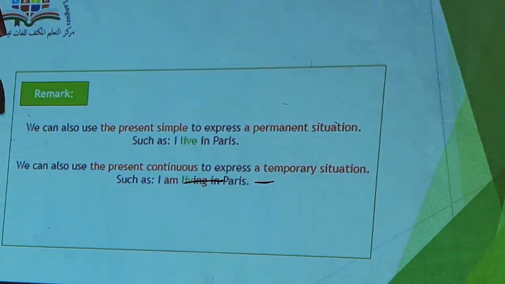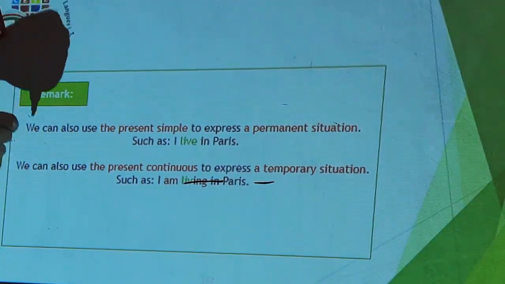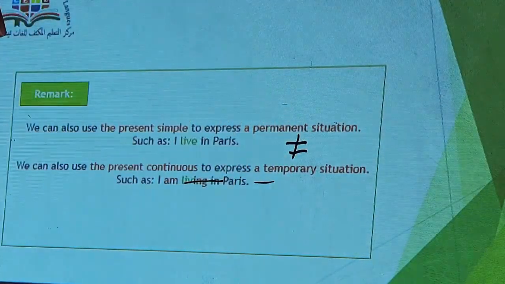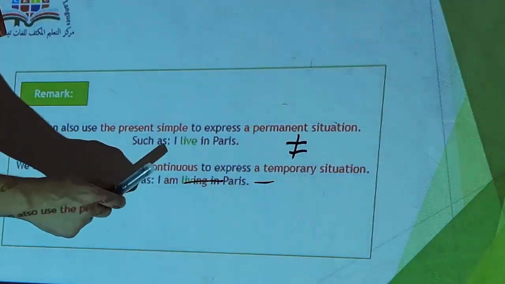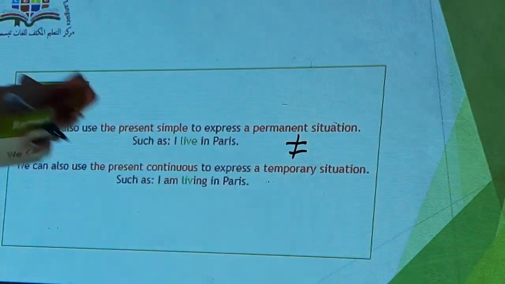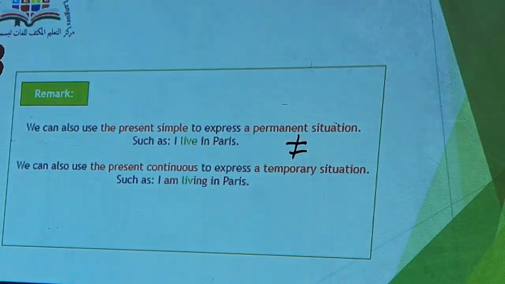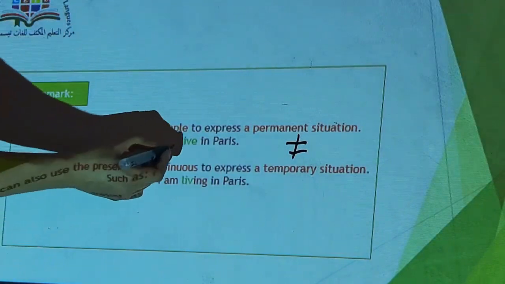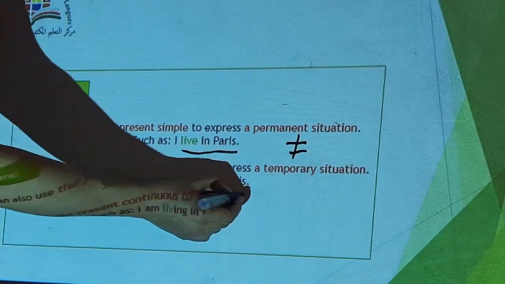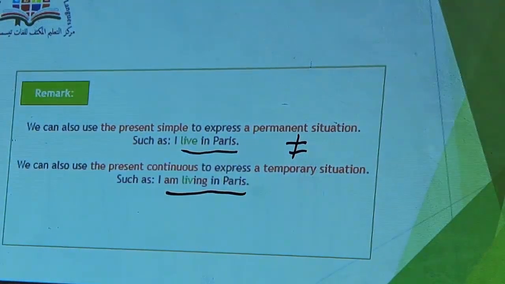We can also use the present continuous to express a temporary situation, and it is the total opposite of a permanent situation, such as I am living in Paris. Let's explain these two sentences. You might ask yourself, what's the difference between I live in Paris and I am living in Paris?